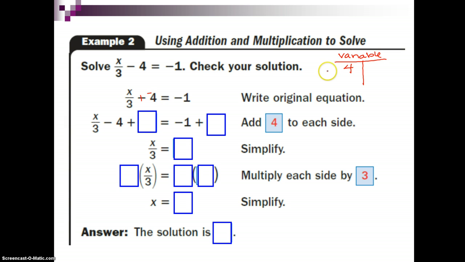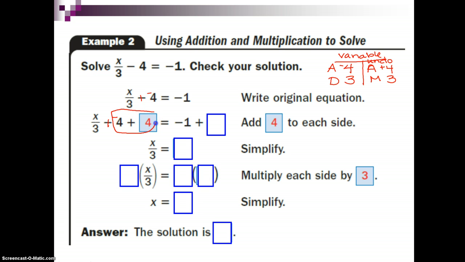So now what I'm doing is I'm adding negative 4. And I'm dividing by 3. So how do we undo those? Well, by adding positive 4 and by multiplying by 3. So let's do the adding of positive 4 first. Change all those subtractions to adding the opposite.